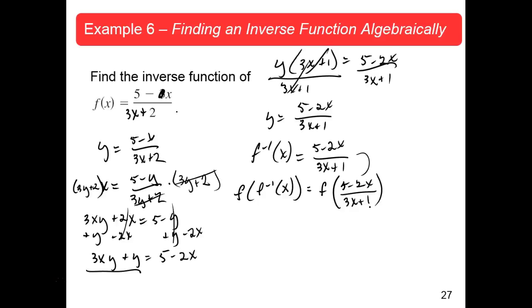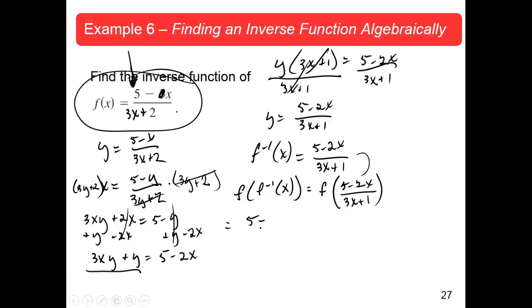Now, what does f tell you to do? The f function right up here, what does it tell you to do? That's what we're doing. We're operating on this really complicated fraction with that f function. What does the f function start with? 5, okay?